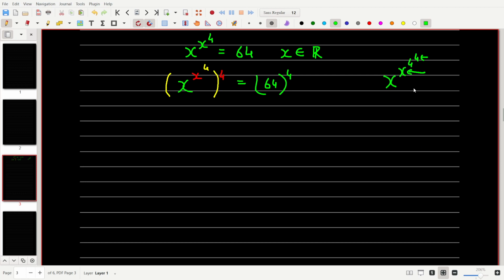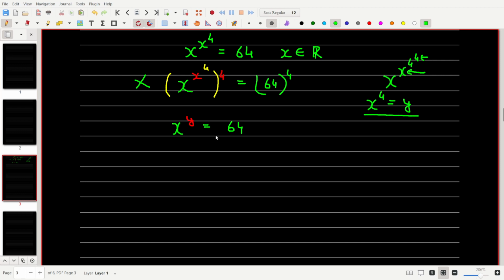If you're finding this difficult to follow, let me write this in a different manner. Let's say x to the power of 4 is equal to y. Let's make the substitution right away. So what I'll get on the left hand side is x to the power of y is equal to 64.